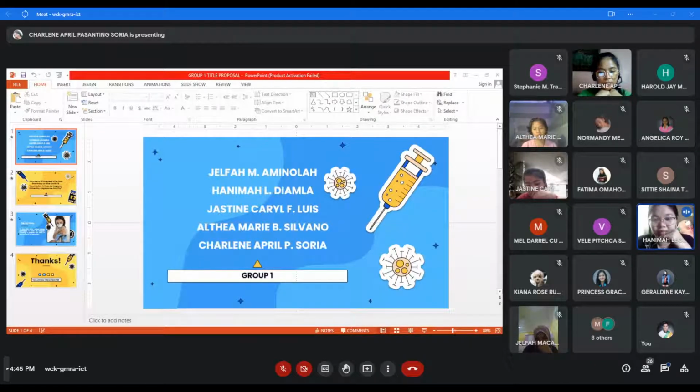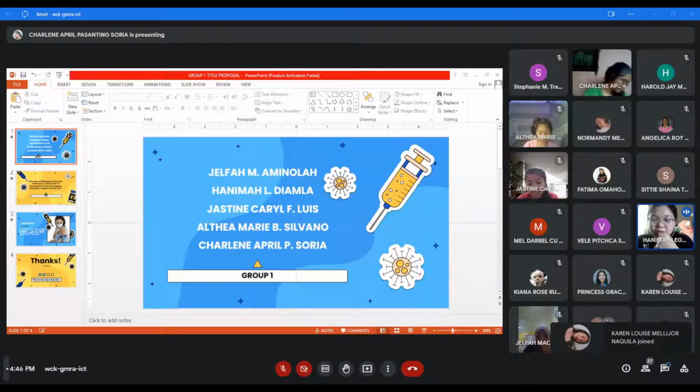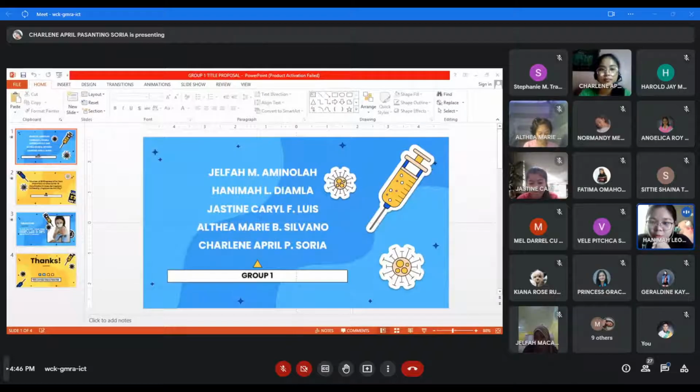COVID-19 is killing people on a large scale because most of us are being infected by the virus. That is why healthcare providers come up to create vaccines, which will help ourselves to fight against the virus. And we are encouraged to take vaccines so that the world will be back to normal again.